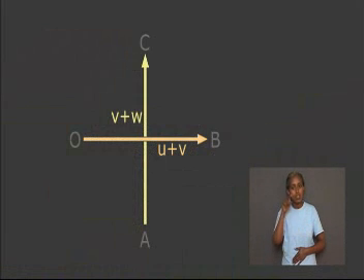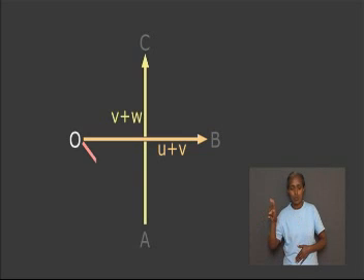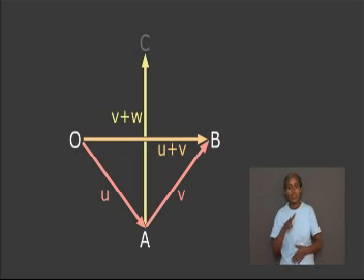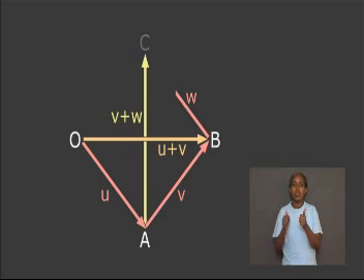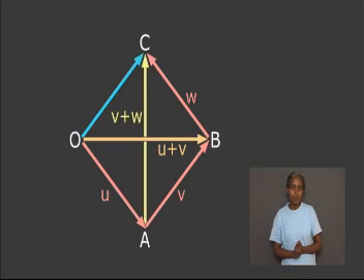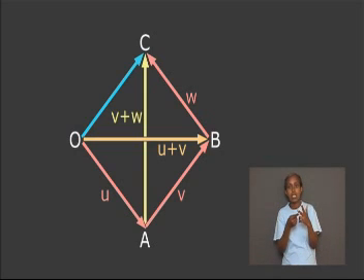You can see that vector u runs between points O and A. Vector v runs between points A and B. Vector w runs between points B and C. If we find the sum of all three vectors, the result is a new vector that runs between point O and point C. If the sum of any two vectors is added to the third, the result is the same.